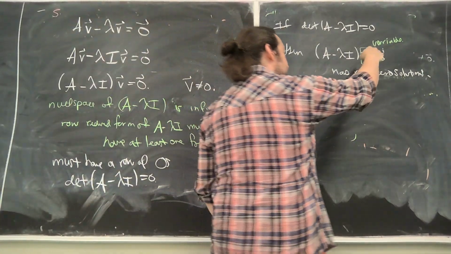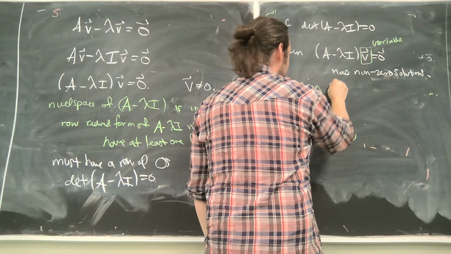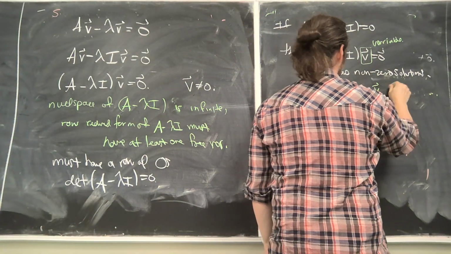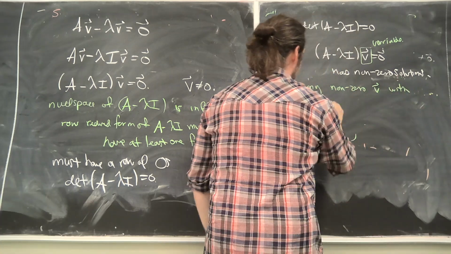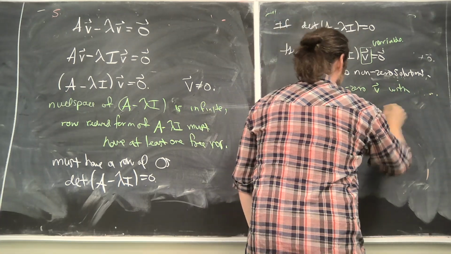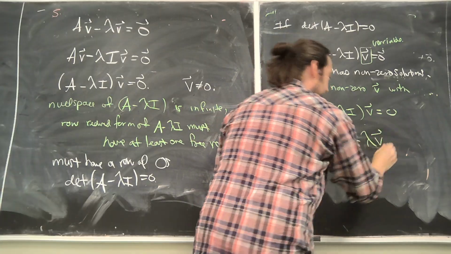But if this has non-zero solutions, any non-zero v with A minus lambda I times v equal to 0 can be rearranged to say that Av is equal to lambda v.